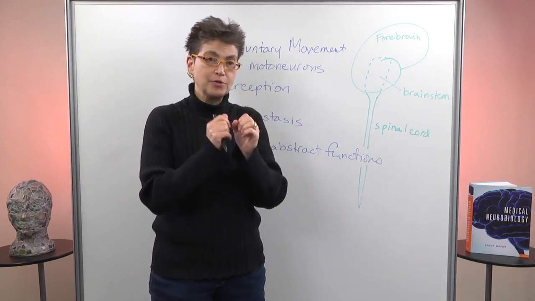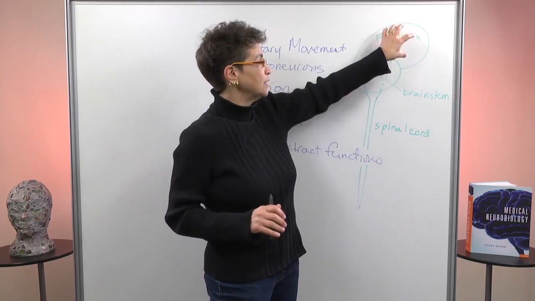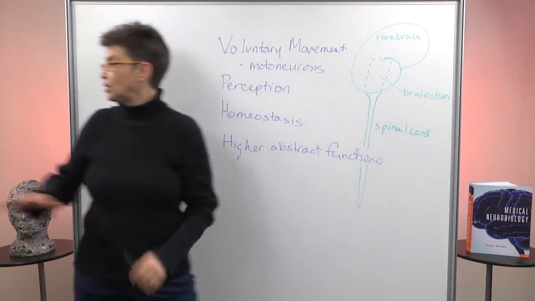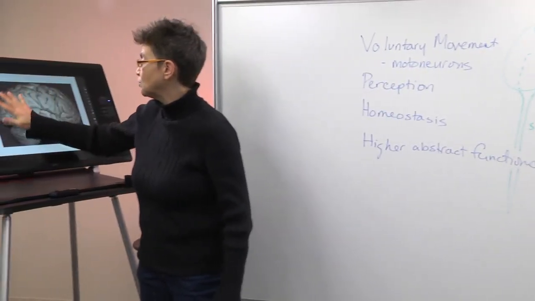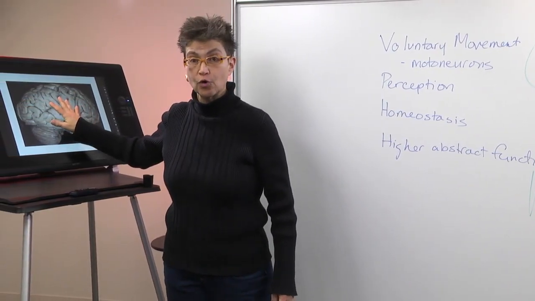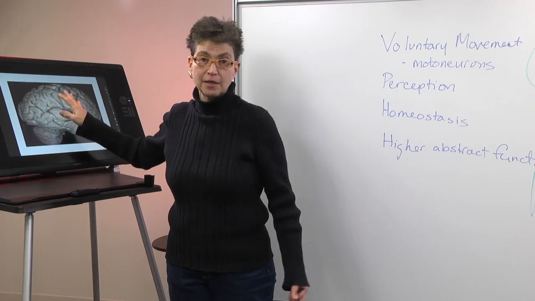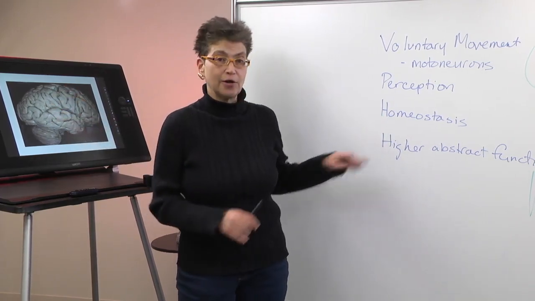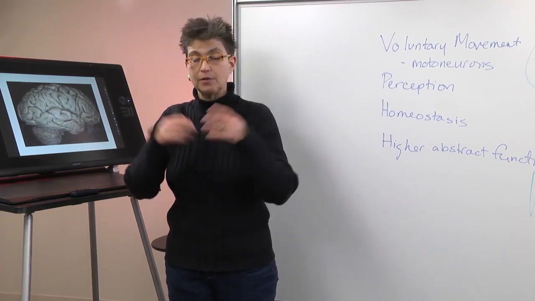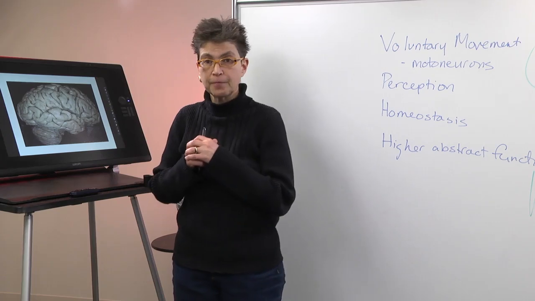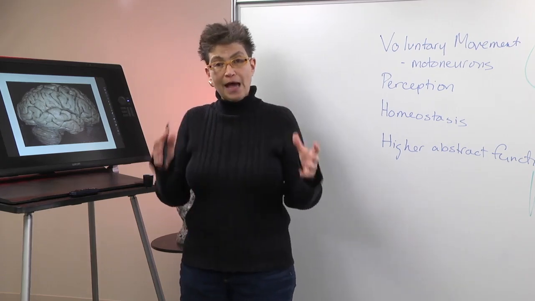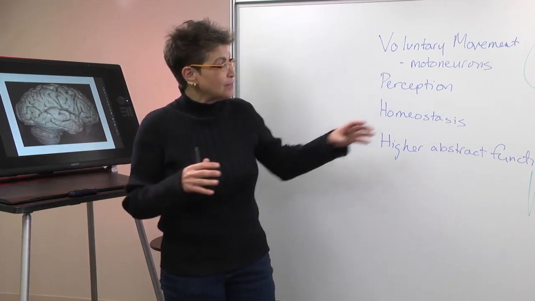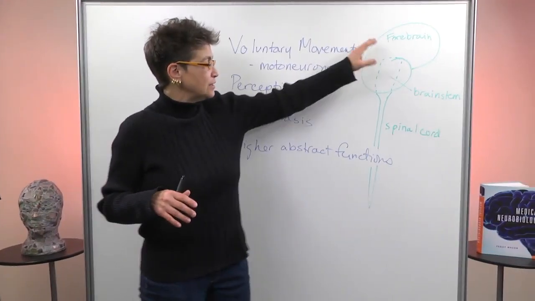So higher abstract functions are an outcome of this same cerebral cortex that is required for perception. In fact, perception is one of the higher abstract functions that we have, but we're also going to look at it separately.